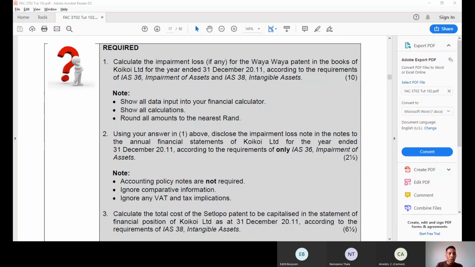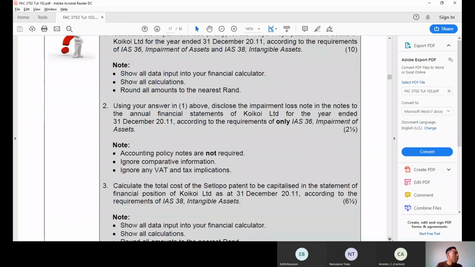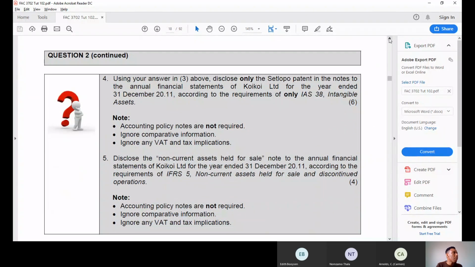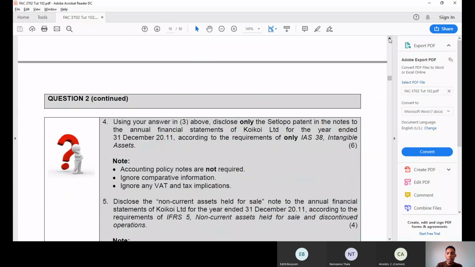Your required is up currently, and you have about 4 or 5 requireds. So, required 1.